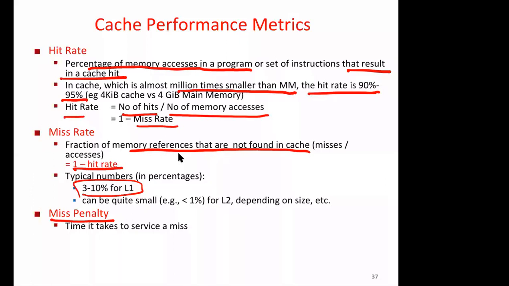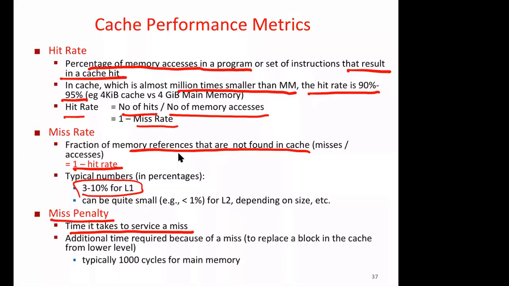If it's not there in L3, you have to bring it from main memory. So there is a huge penalty. This factor gives the time it takes to service a miss, the additional time required because of a miss. It can be almost 1000 cycles for main memory. All right, any questions?